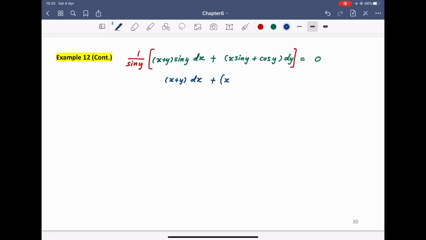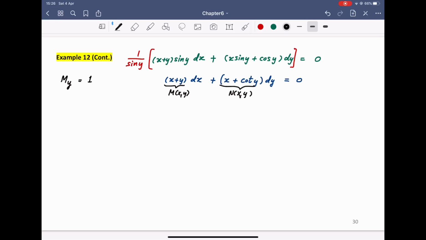x plus cotangent of y dy equal to 0. Well, this is what you have after you multiply 1 over sine y to this differential equation. And then let's check that this differential equation is exact. So you have this to be M, you have this to be N. Now you differentiate M with respect to y, so you get 1, right?